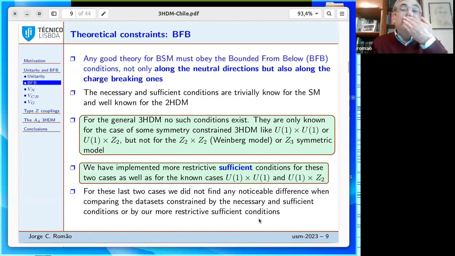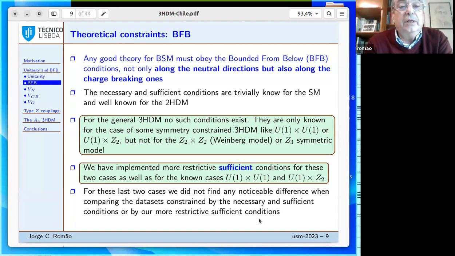Now, the second theoretical point is bounded from below. Any good theory for beyond standard model must obey bounded from below conditions, not only along neutral directions, but also along charge breaking ones. And sometimes people kind of forget about this last part of the bounded from below conditions. Now, the necessary and sufficient conditions are trivially known for the standard model and also well known for the 2HDM.